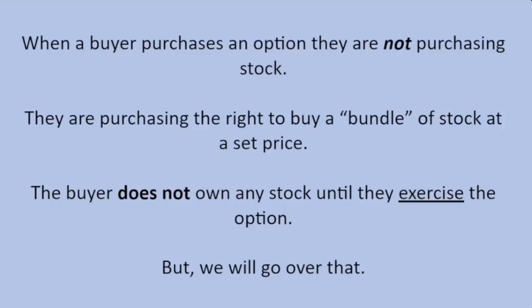It's not the buying of stock, it's the purchasing of a contract to possibly buy stock down the road. The buyer doesn't own any stock until that contract is exercised. We're going to go through the exercise part of it, but right now, just remember that term. The contract does not give any stock to anyone until certain parts of the contract are exercised.